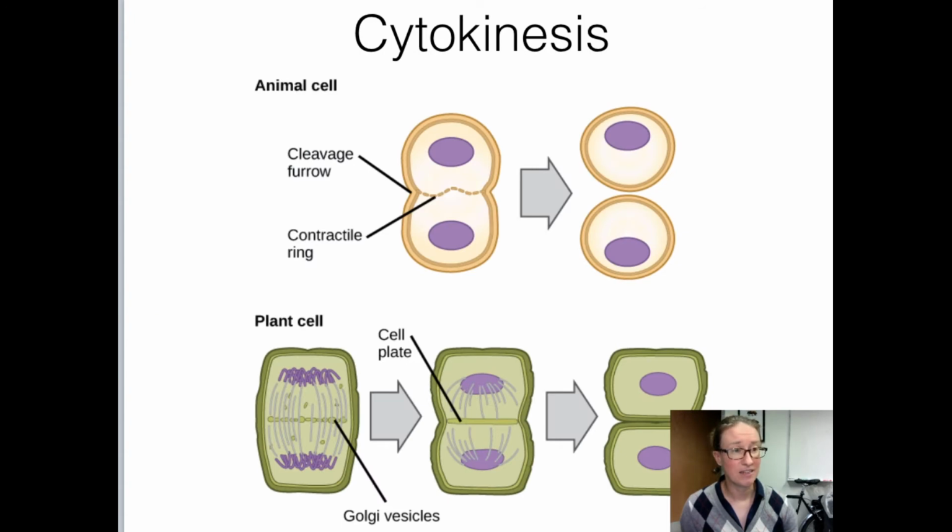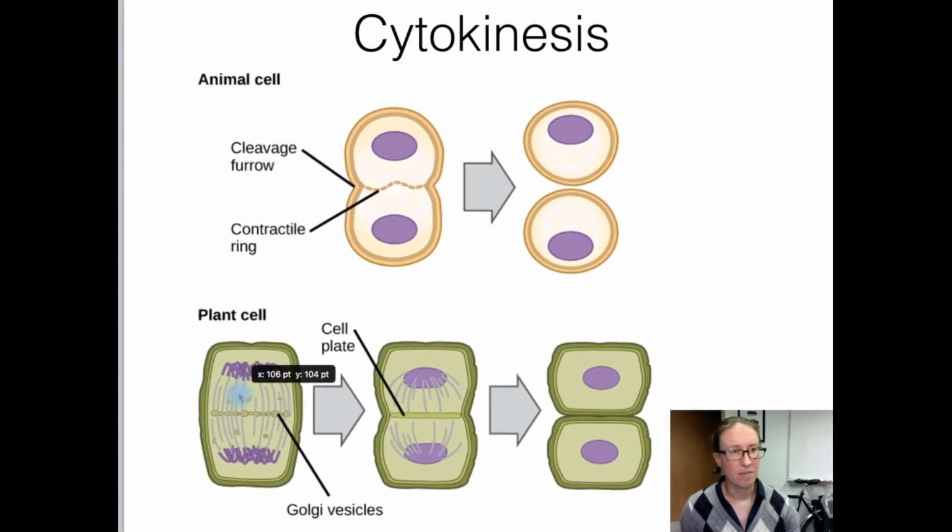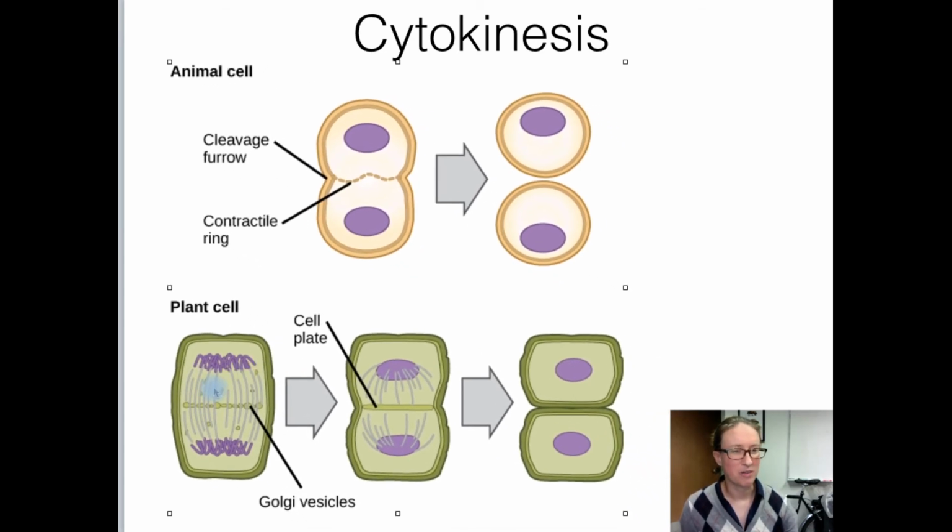If it is a plant cell, and you may have started to notice this in the video about the violet, a bunch of vesicles start to form a new plate in the middle of the cell. That plate then allows for the growth of cell wall and separation of the two daughter plant cells. So there isn't the same kind of squeezing action in a plant cell. And that's the process of mitosis.